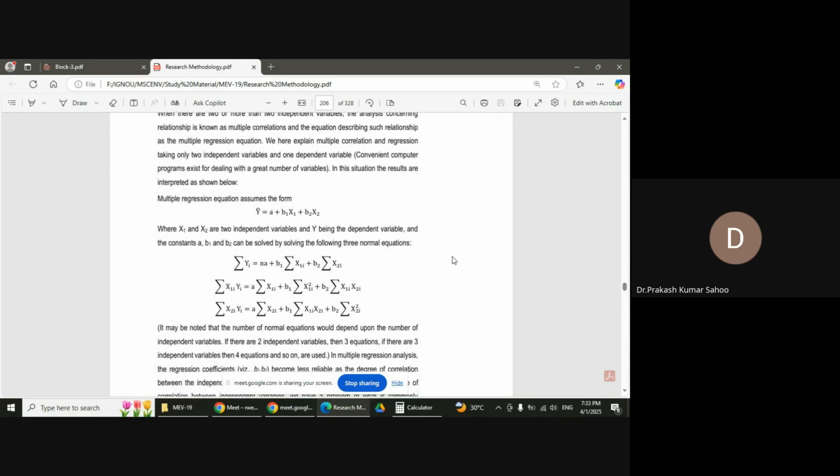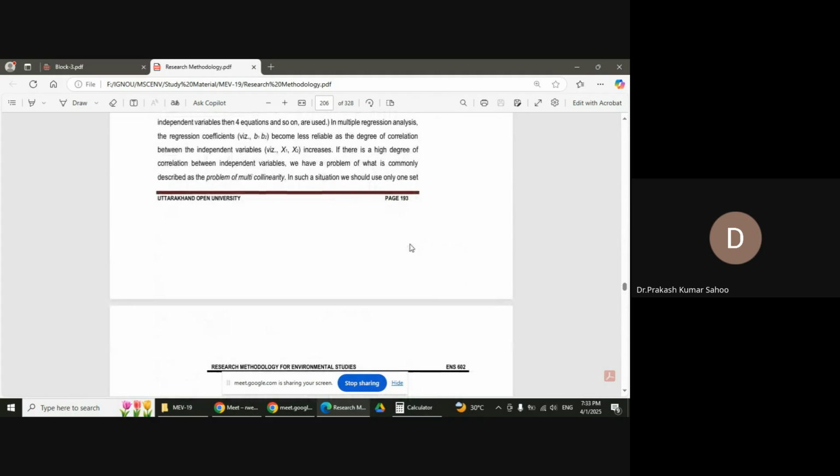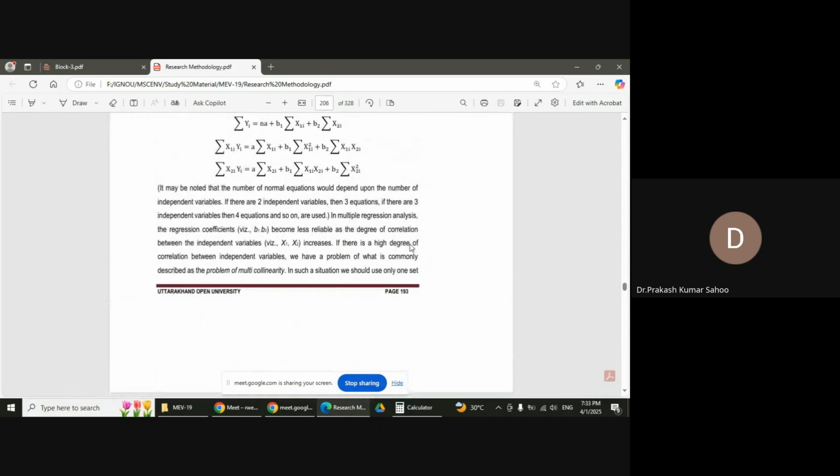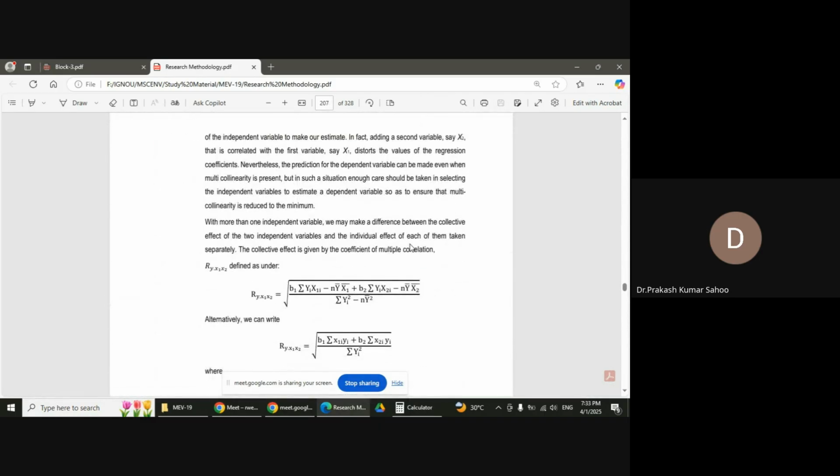So the multiple regression equation is y equals a plus b1 x1 plus b2 x2. I think these things are not in your syllabus. These are very complicated equations. So let's keep this one.